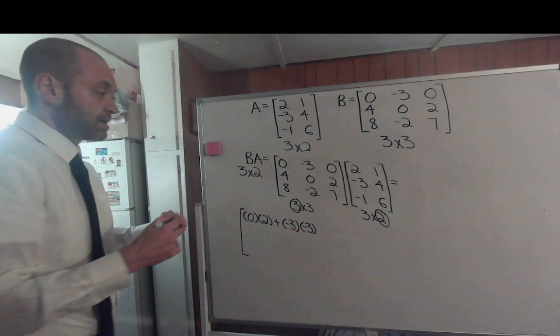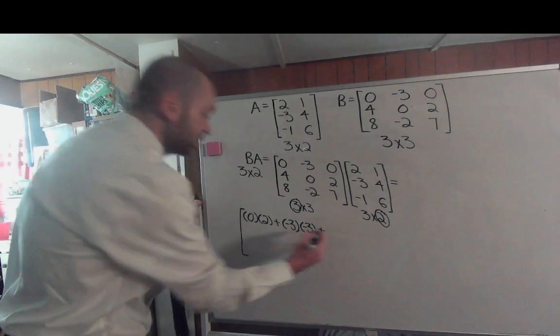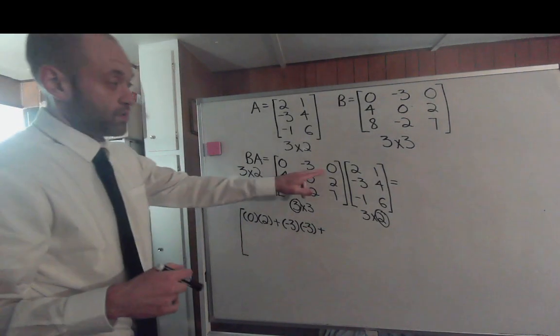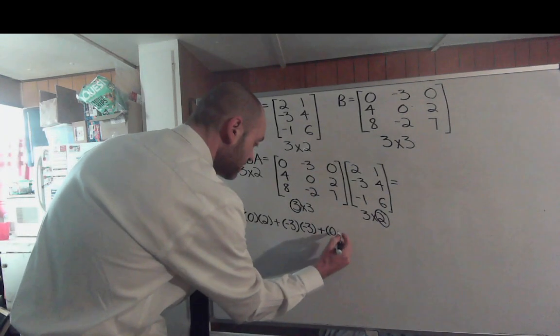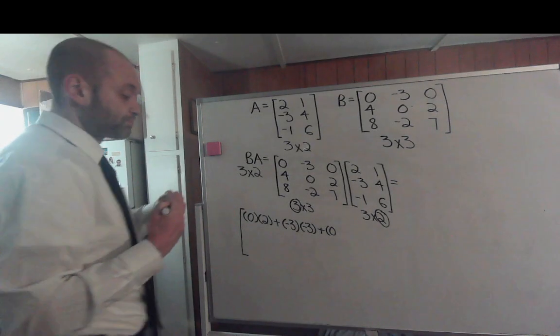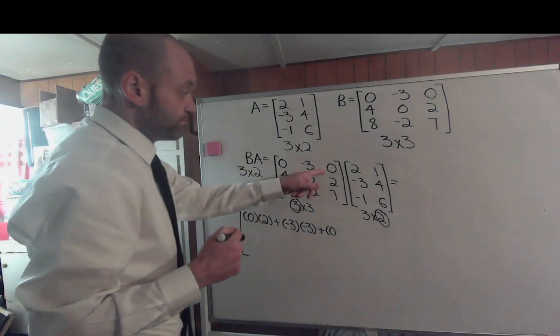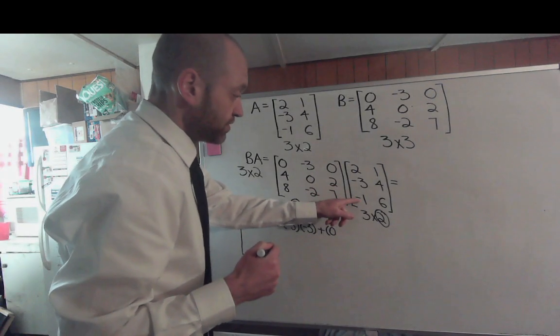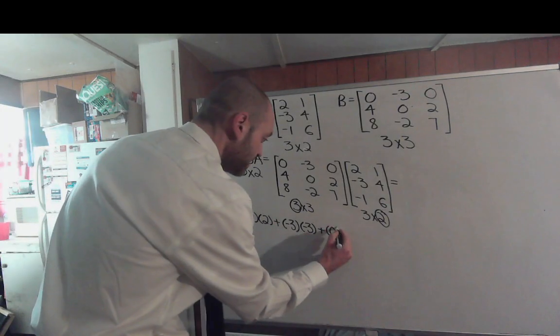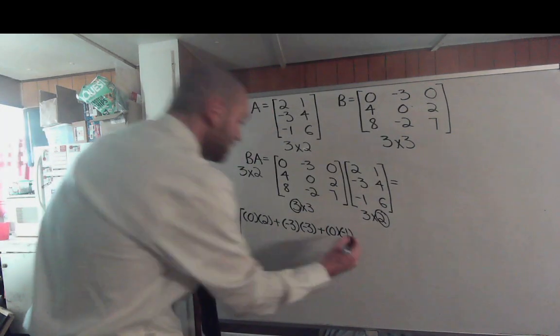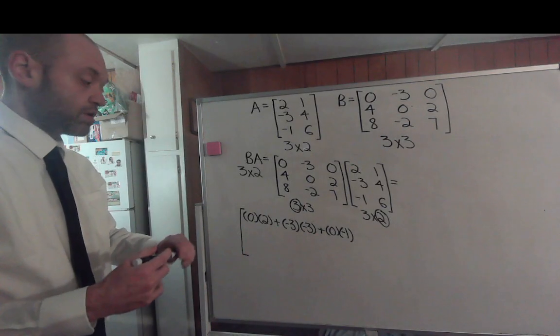And then plus the third number of the first row of the first matrix, which would be 0, times the third number of the first column of the second matrix, which would be -1. That's just it for your first number.